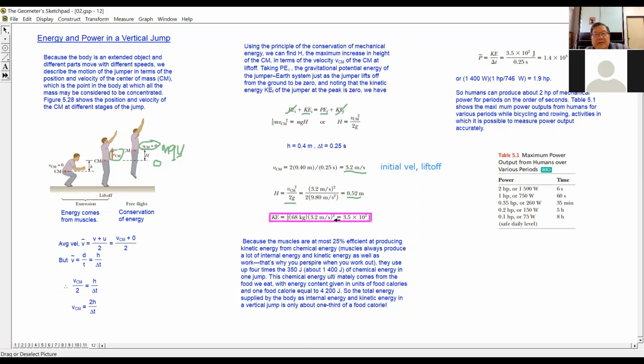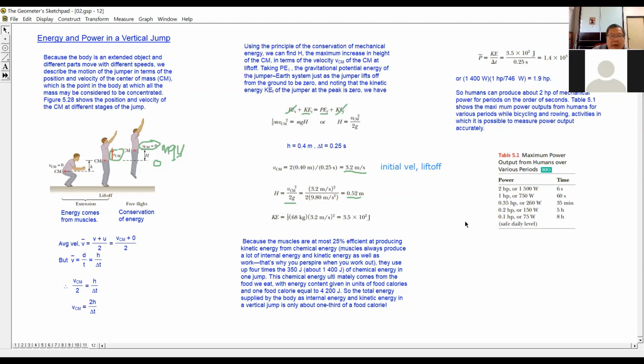But actually, the efficiency is not 100%. You read this part, then you will know why it's not 100%. Because the muscles are at most 25% efficient at producing kinetic energy from chemical energy. Muscle always produces a lot of internal energy as well as kinetic energy and work. That's why you perspire when you work out.